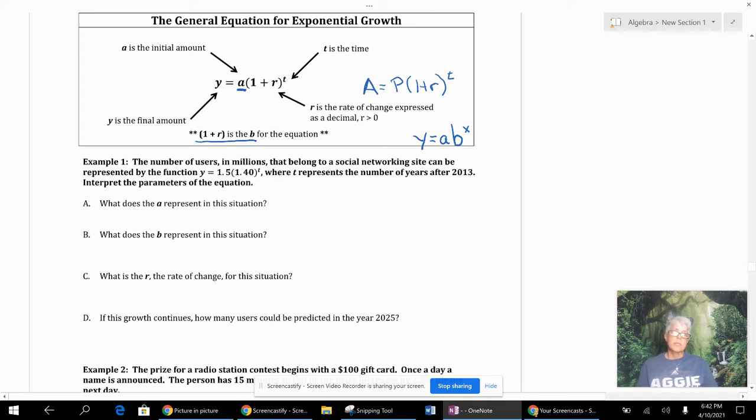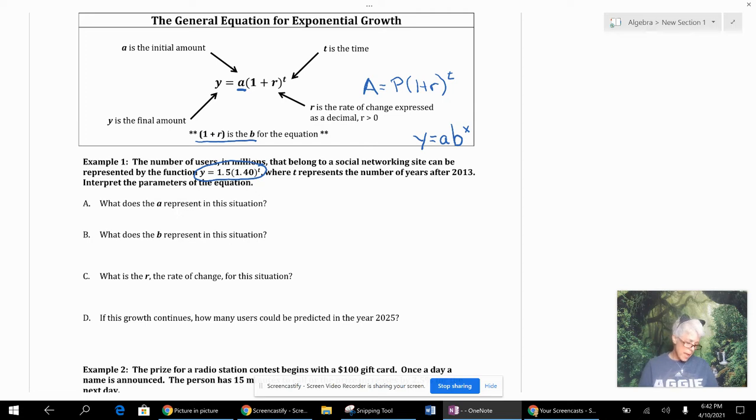So again, let me read this example 1. The number of users in millions that belong to a social networking site can be represented by y equals 1.5 times 1.4 to the power of t, where t represents the number of years after 2013. Interpret the parameters of this equation.